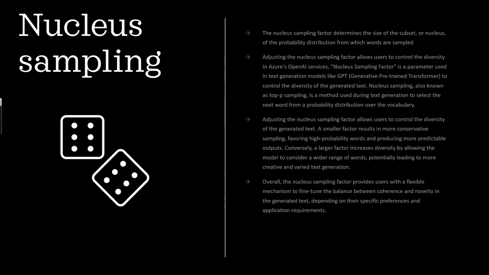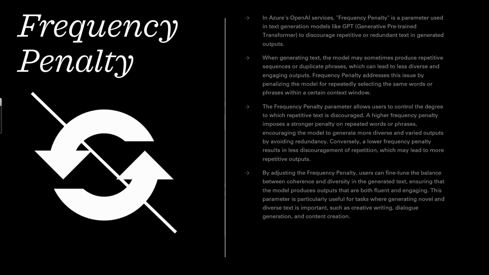The next term that I want to talk about is frequency penalty. Again, it is used to control repetitive words, right? So frequency penalty addresses the issue by penalizing the model for repeating and selecting the same phrases or words again and again. Understand this. This might lead to less clarity at times if you keep the model open, that is, set it to high, but it may also be encouraged because it gives you more creativity.